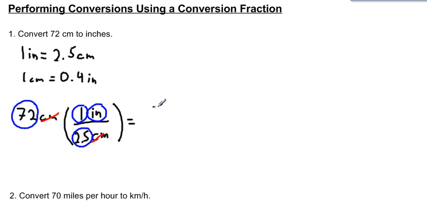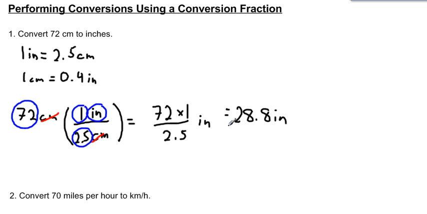If we type that into our calculators, 72 times 1 divided by 2.5, we get 28.8 inches.